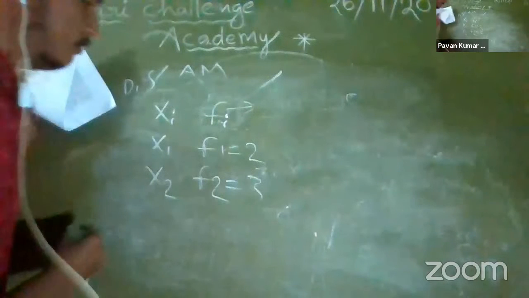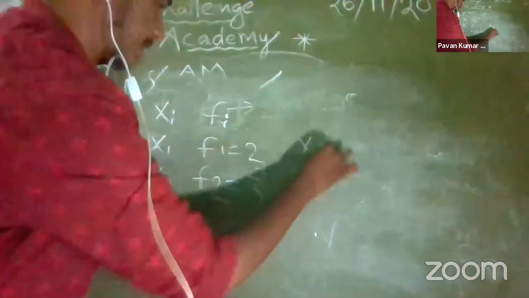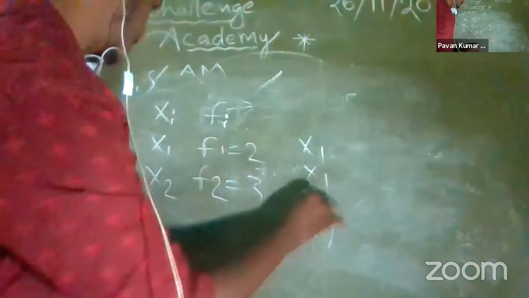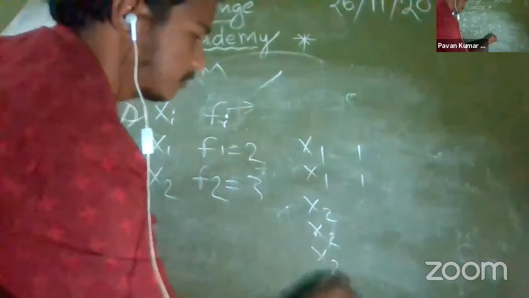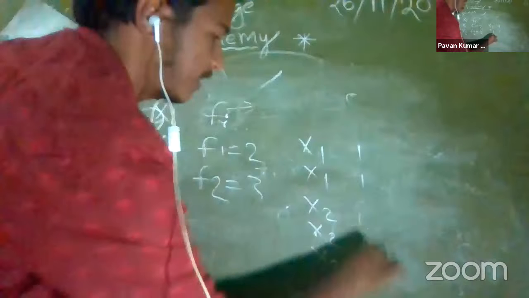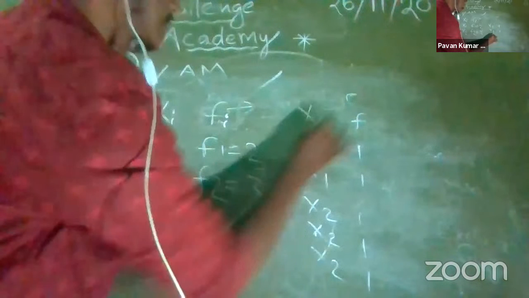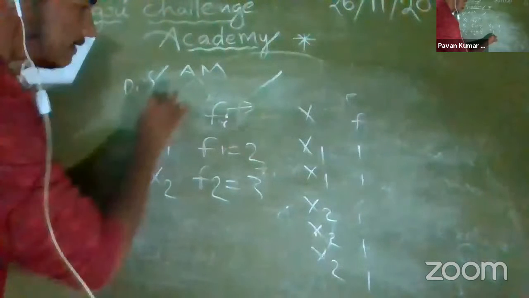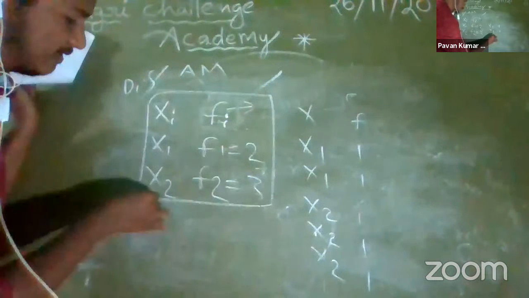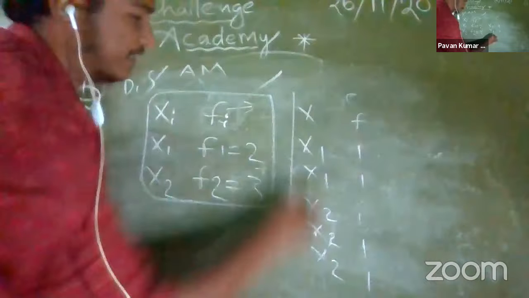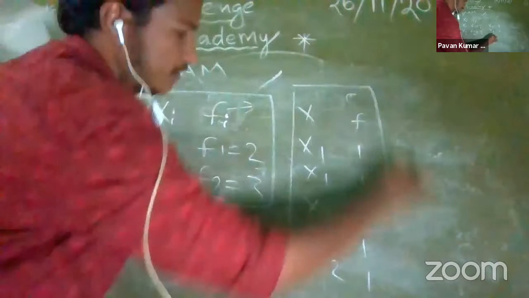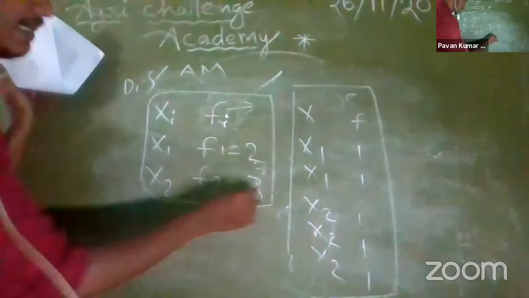We can write like this: x1 with frequency 2, x2 with frequency 3. I am converting this discrete frequency distribution into individual form. x1 repeated 2 times means x1, x1. x2 repeated 3 times means x2, x2, x2.